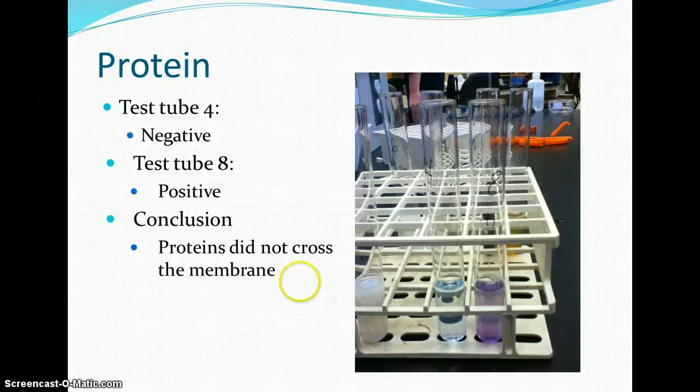We knew that both proteins and starch were large macromolecules and would most likely not be able to diffuse through a membrane, unlike chloride and the sulfate ions.